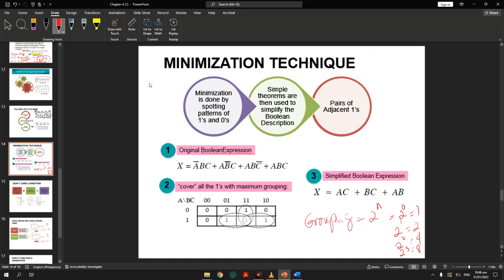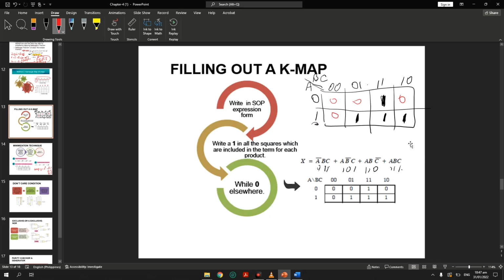So we will have an example on how to simplify using the K-map. In our previous example, we can group this one, two here, and two here.